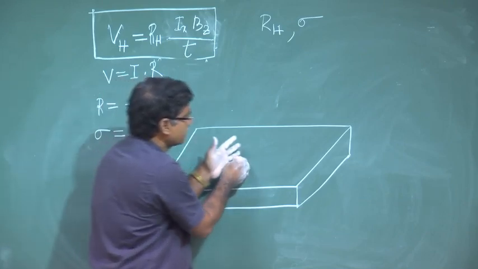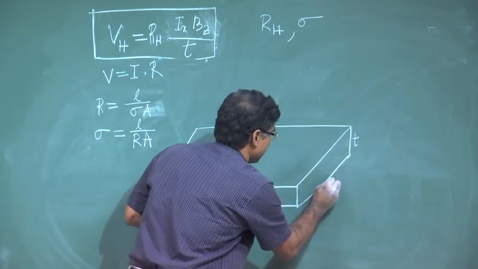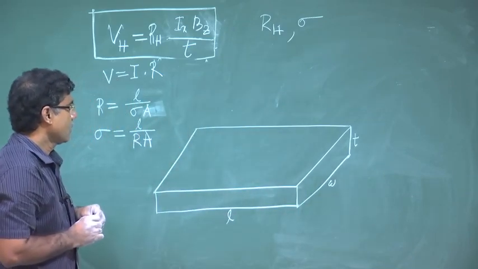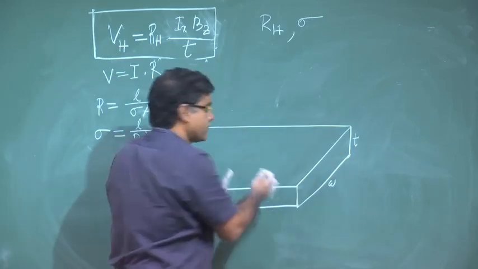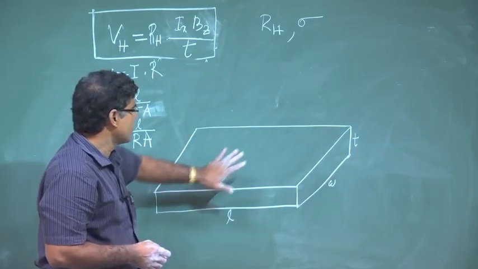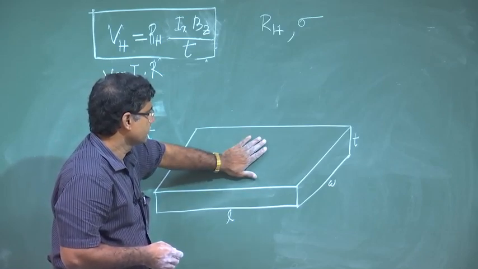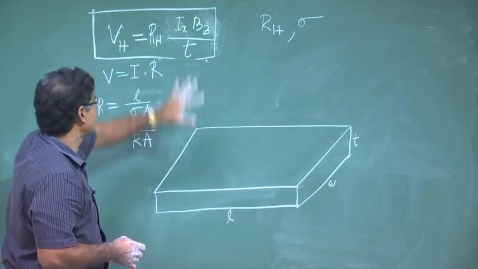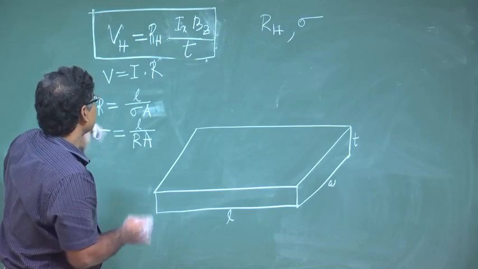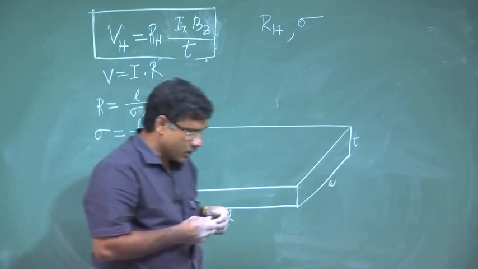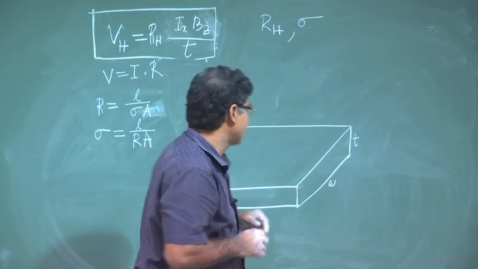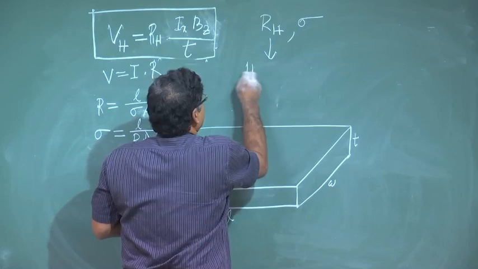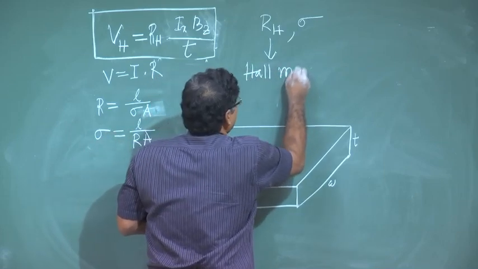So, this is my sample. This thickness is T, width is W, length is L, right. I want to measure those parameters, given that they are related with this. So, this is called Hall measurement. One is Hall measurement, the Hall setup.